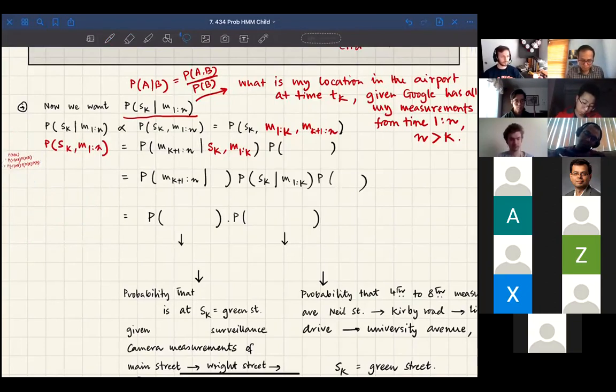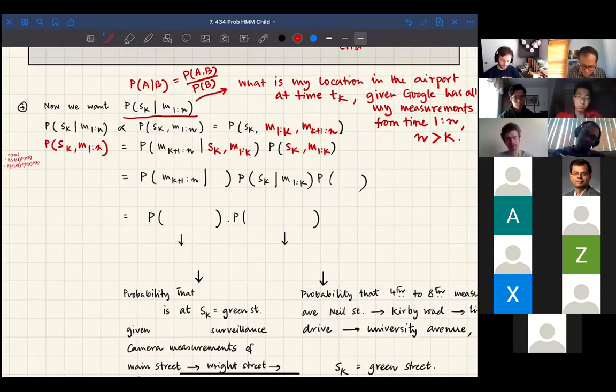So P of k plus 1 through n comma sk, m1 through k. Times we have to write P of sk comma m1 through k. Very good. So P of k plus 1 through n, P of mk plus 1 through n.